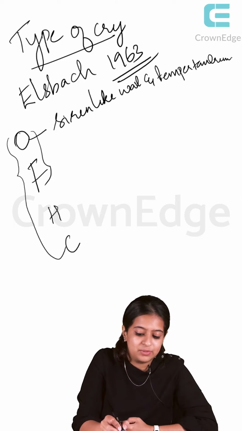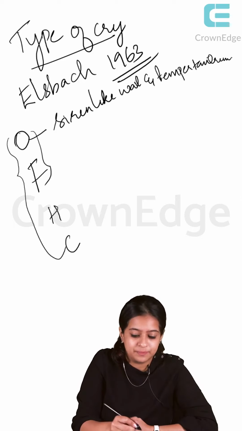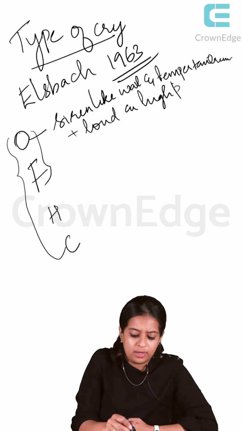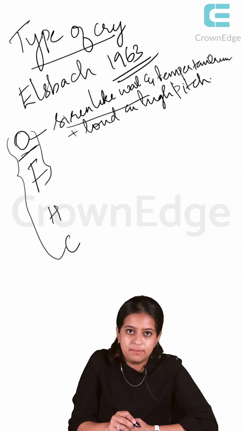These are the characteristics you need to remember so that it's easy for you to answer. Temper tantrums and a loud, high-pitched noise. They cry out loud, they have the siren-like wail tone and they show temper tantrums. These are the three main characteristic features of obstinate cry.